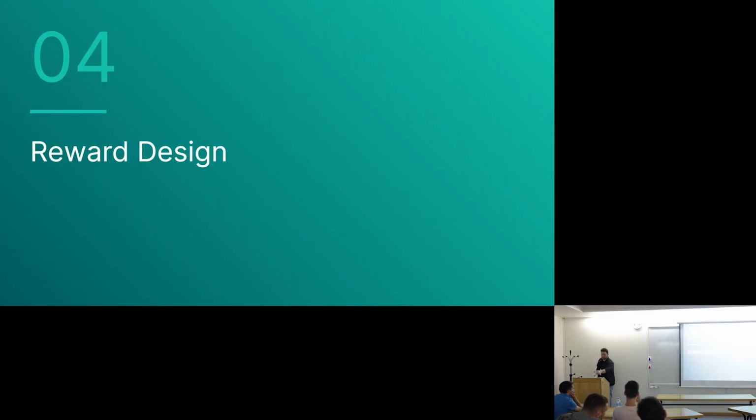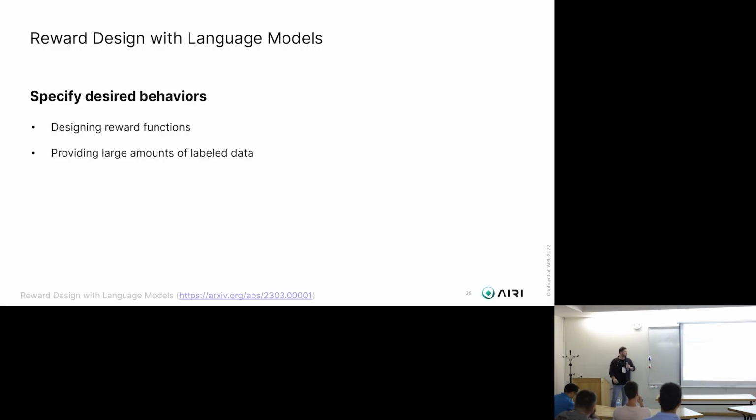Okay, now let's move to the reward design. Usually, if you want to somehow design the desirable behavior, you have 2 choices. First, we can manually design some function using our knowledge of the domain.